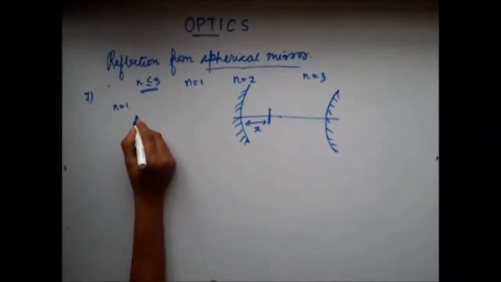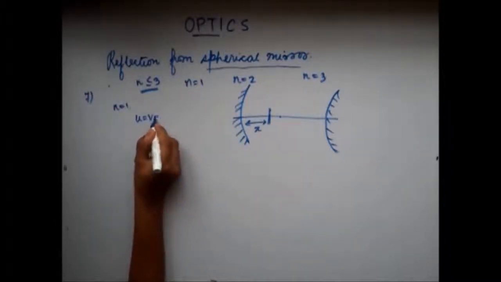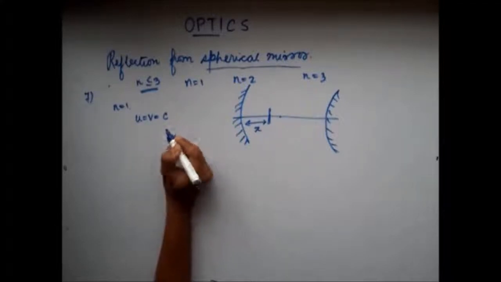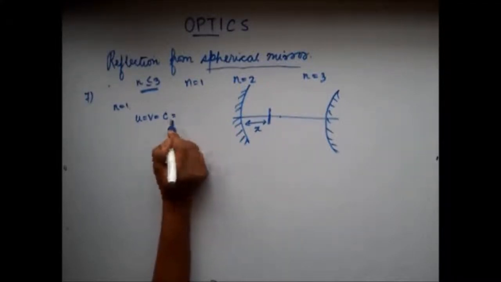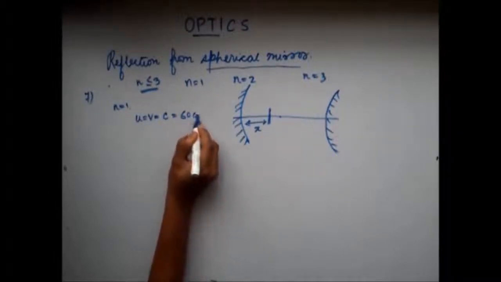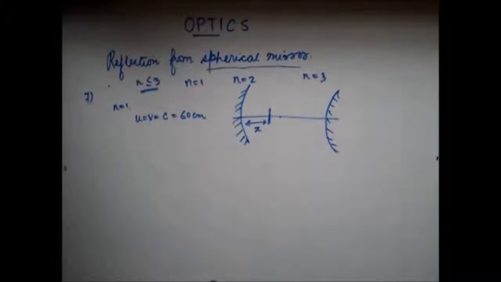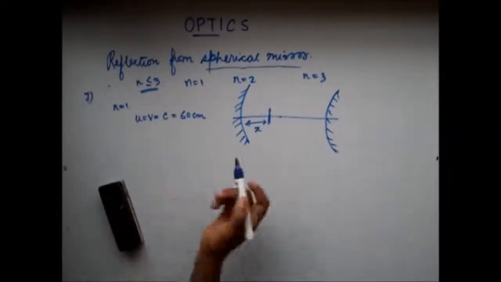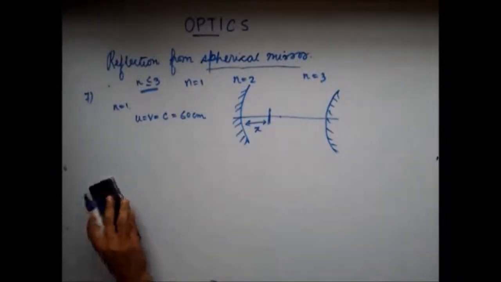So that means my u is equal to v, which should be equal to the radius distance, which is equal to 60 centimeter. So when n is equal to 1, the object should be placed at the center of curvature.